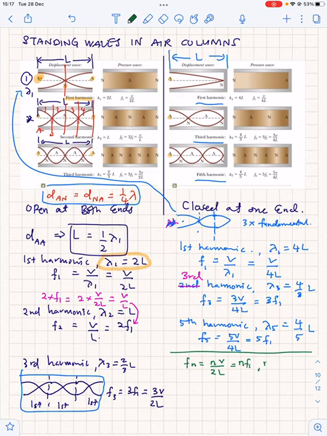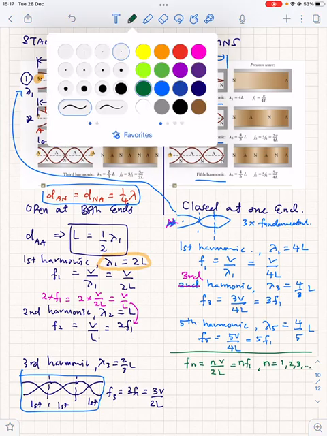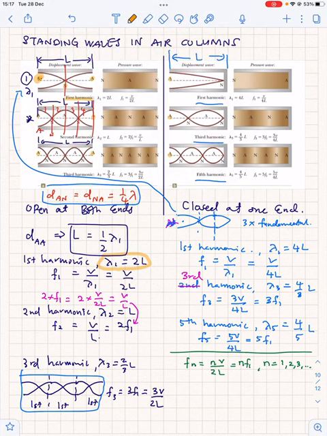So n here represents all harmonics 1, 2, 3, and so on. And for the second case, Fn equals nV over 4L, which equals nF1, and n represents the odd harmonics only.